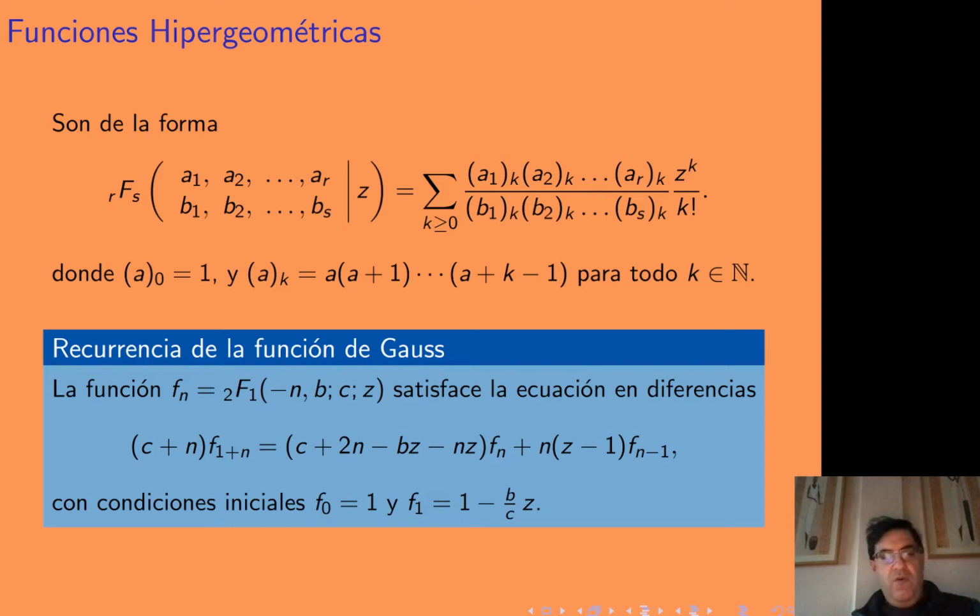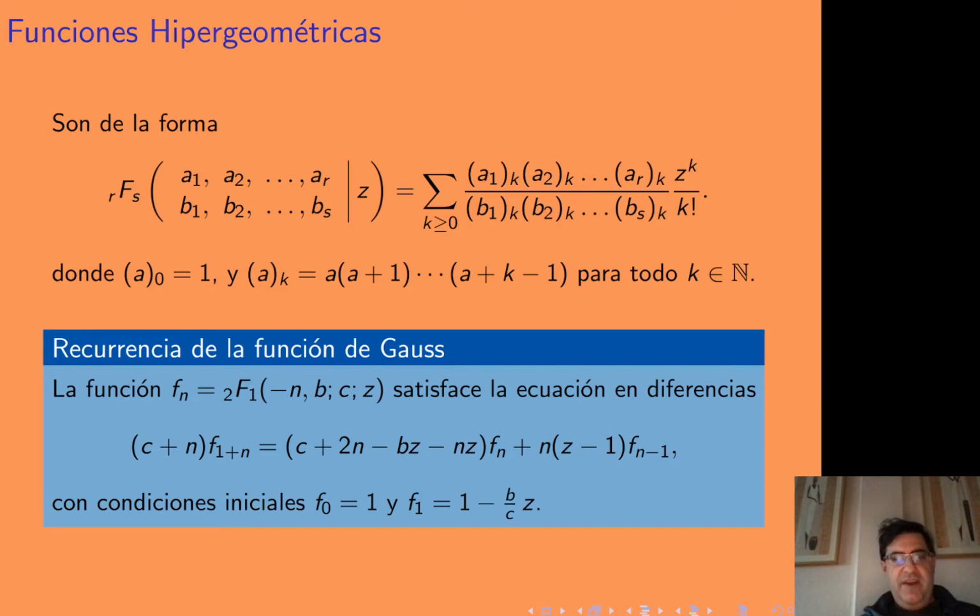A hypergeometric series is in general like this. You have a set of numbers A1 to AR and B1 to BS, where R is the number of A's and S is the number of B's. z is just any number. Then you need to obtain the infinite sum of this product of numbers.